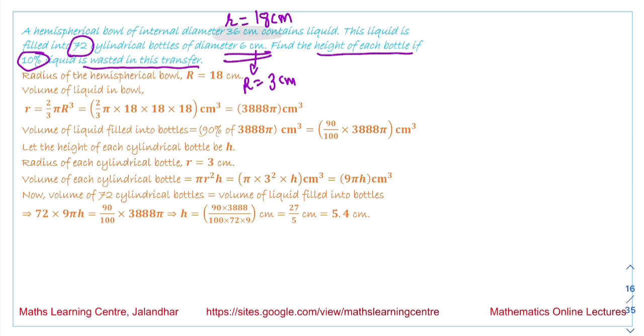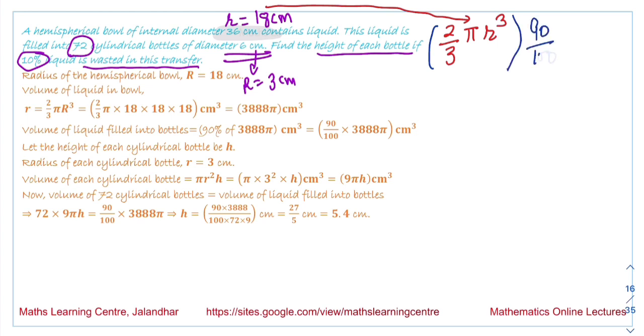So the total amount of liquid in the hemispherical bowl will be 2 by 3 pi r cube. The value of r is 18 over here, and it is given that 10% of the liquid is wasted. So how much liquid is left? It is 90%.